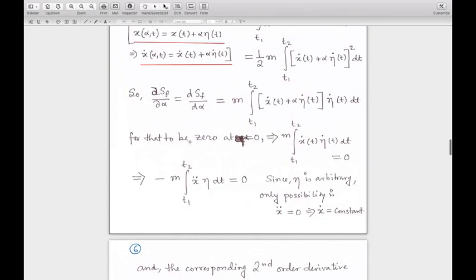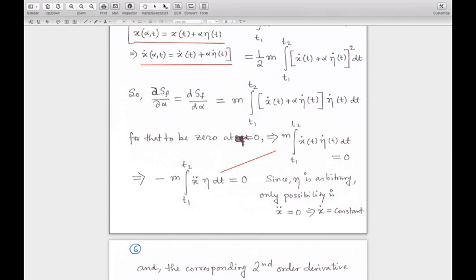Now we know that this is equal to 0 at alpha equal to 0. That is the real path, the real trajectory of evolution. If this is true, then doing another integration by parts, here to here, finally you can see that eta can be arbitrary.